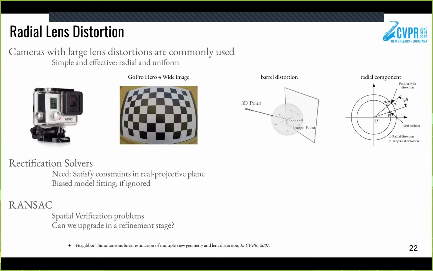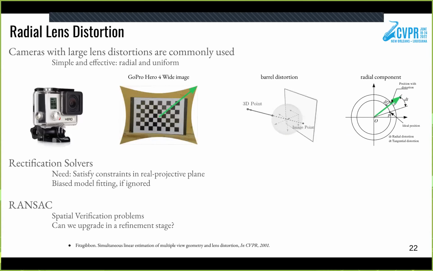But we have some additional problems. Once we introduce lens distortion, we're not in the real projective plane anymore. We have this type of distortion, and it's something that, of course, is more common now, especially with GoPros. You get a lot of this barrel distortion, which is shown on this GoPro Hero 4 wide image. So we need to include this in our model.